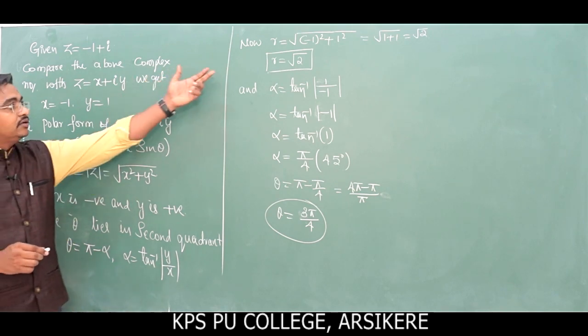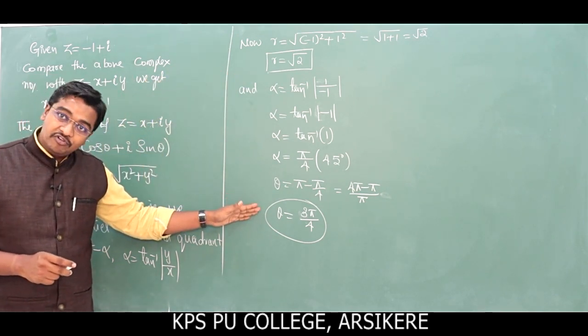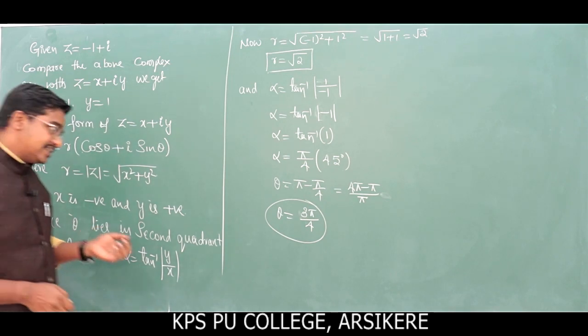So you know, r is equal to square root of 2 has come and theta is equal to 3 pi divided by 4. Then substitute in this number, that is z is equal to r times of cos theta plus i sin theta.